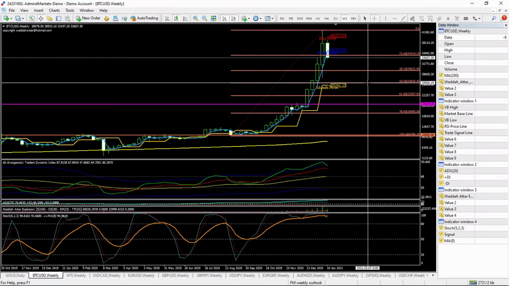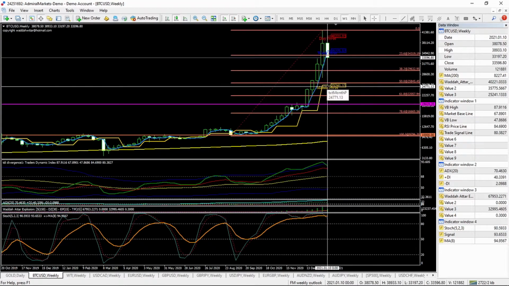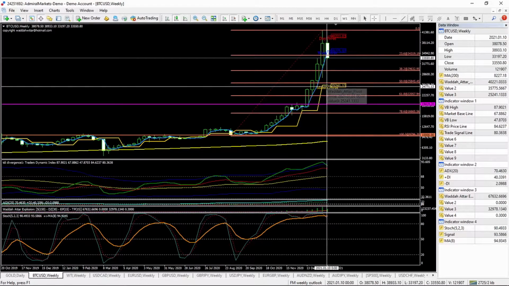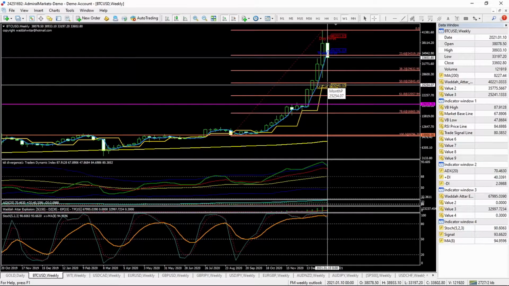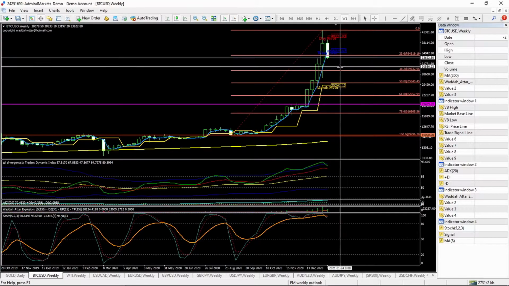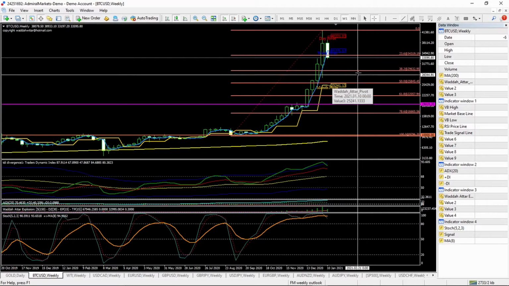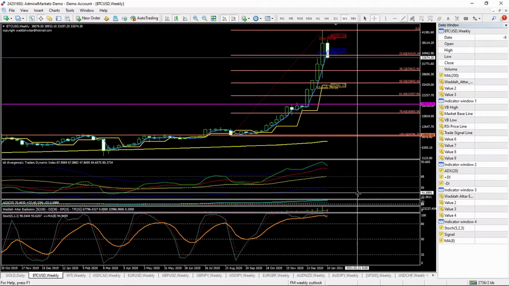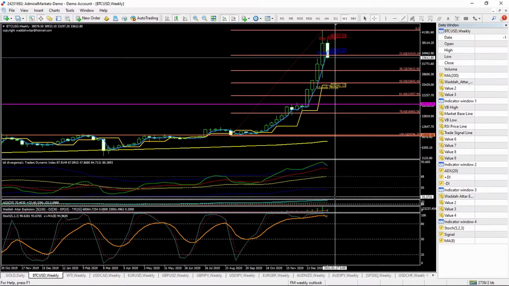That would be a far ways, but it would most likely have to get to this pivot right here, which is the monthly pivot. So that's a long ways to come back. But as volatile as Bitcoin is, that could definitely happen.